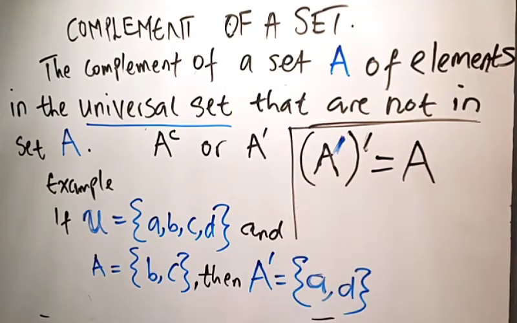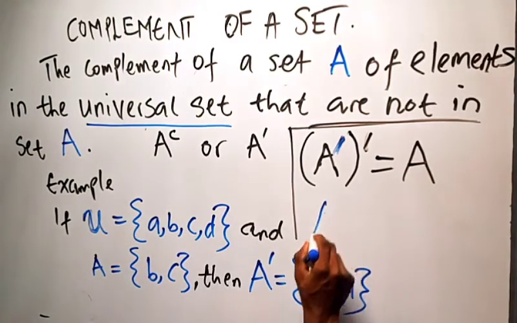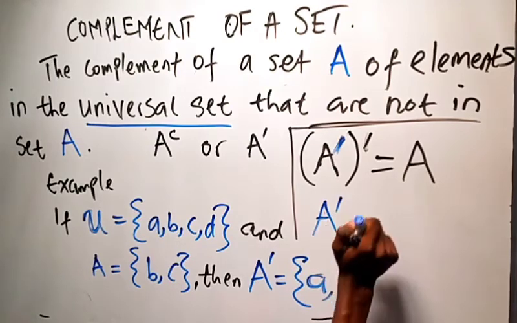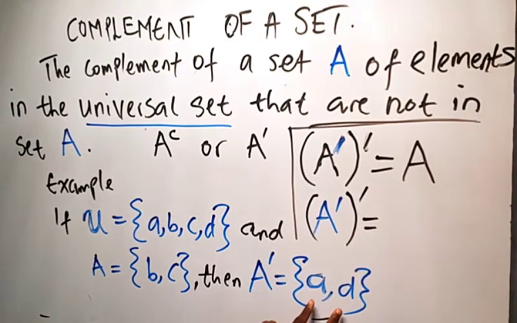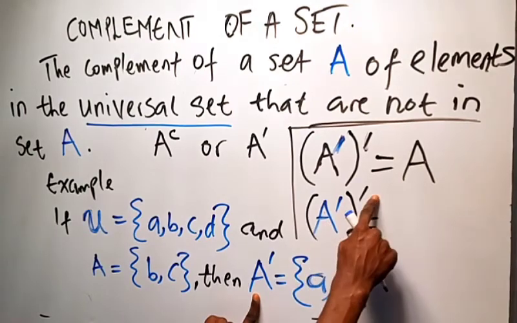So, for example, here we have that A complement is {A, D}. If you want to take the complement of A complement, that will give you the complement of {A, D}. So elements that belong to the universal set but not in A complement means A complement complement.